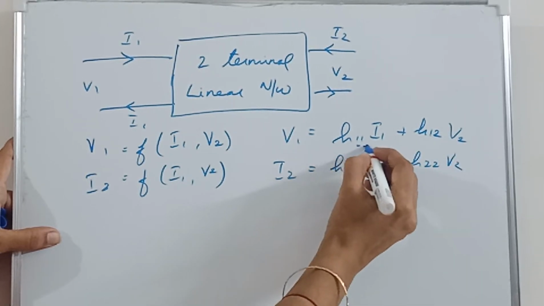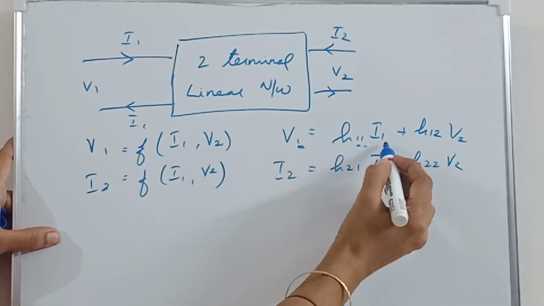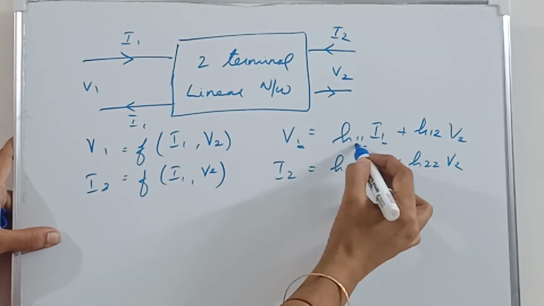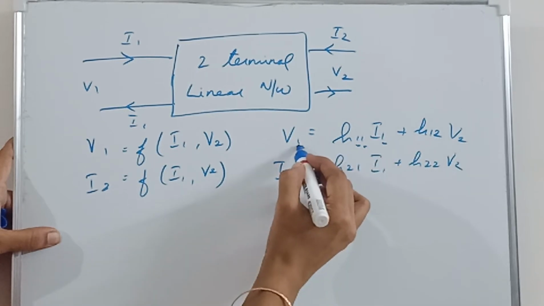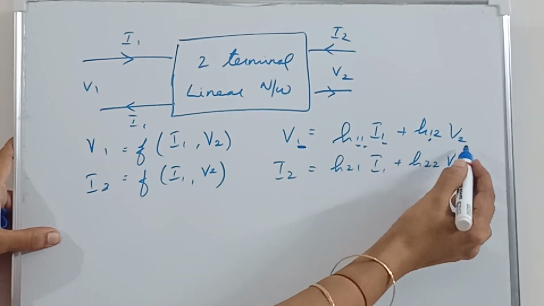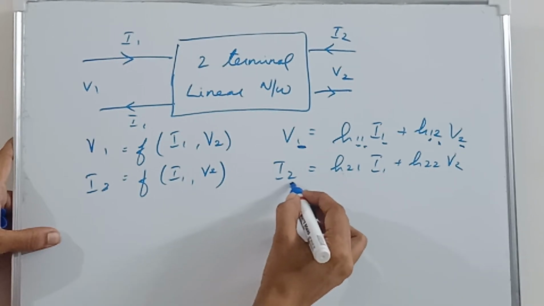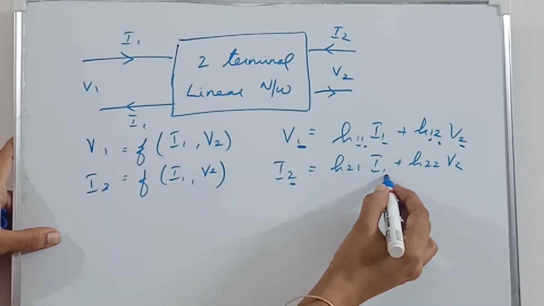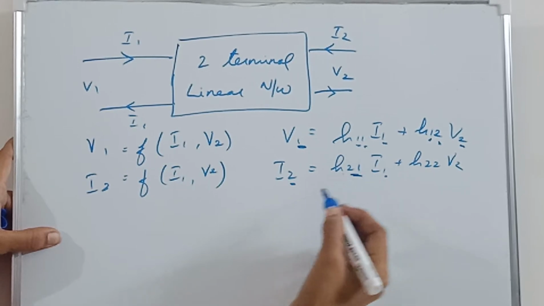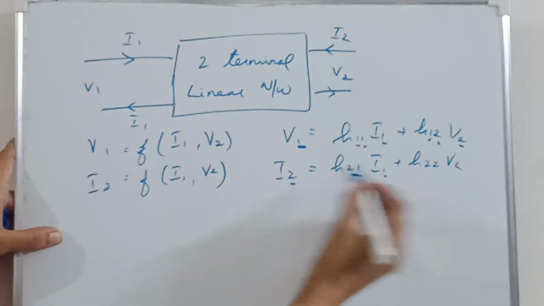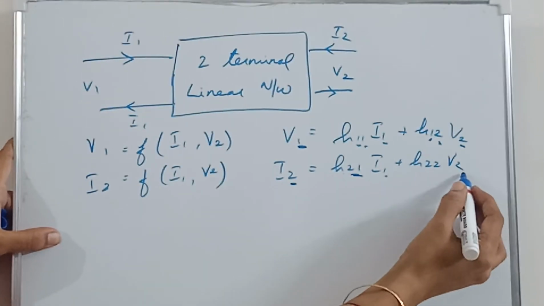So H11 is V1 over I1, H12 is V1 over V2, H21 is I2 over I1, and H22 is I2 over V2.